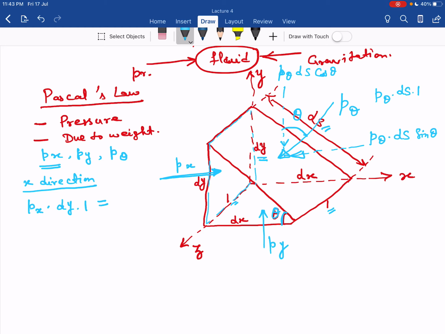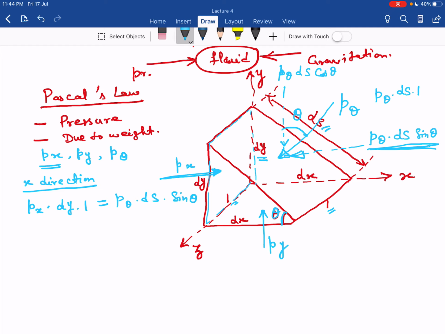So now you can write this px into dy into 1 along the x-axis is equal to this component of force, p theta into ds into sine theta.